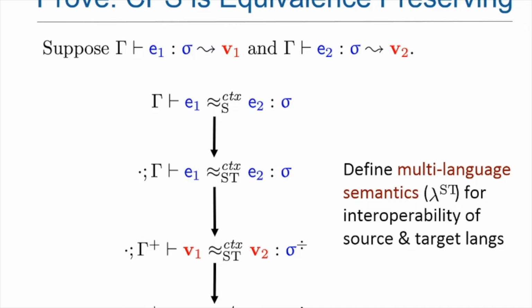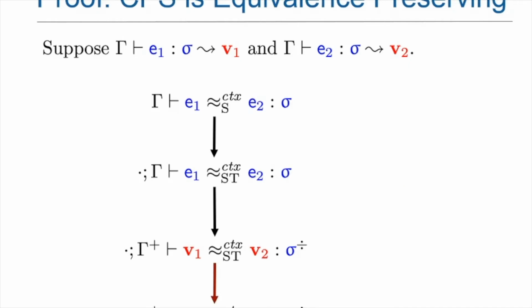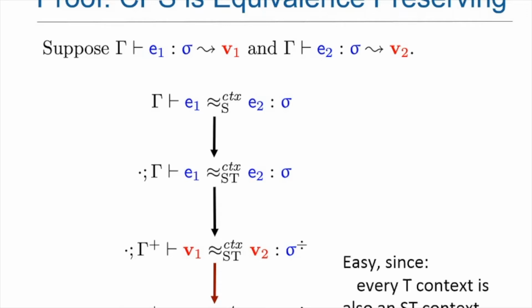Sigma division here, instead of sigma plus before, now just represents that we can be working with continuations instead of raw types. So to show that a context in the target language can be lifted up to the multi-language semantics is trivial, since every T context is also an ST context in the way that they've defined the multi-language semantics.